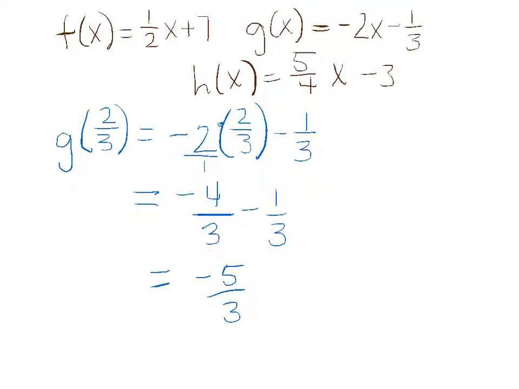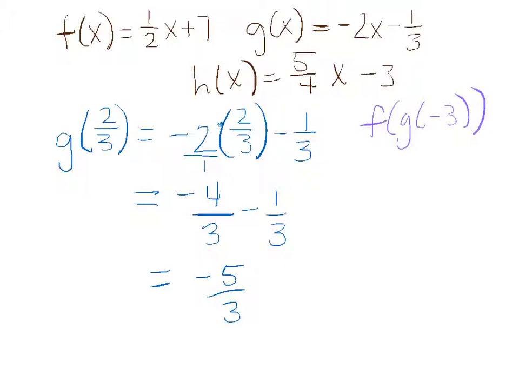Moving on, we have f of g of -3. This is composition of functions, and remember we're going to have to work from the inside out. So I'm starting with g of -3, and I'm going to do this in stages.